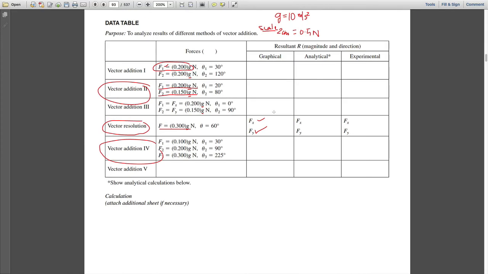Okay, what if you have 3 forces? Again, simple. 1 Newton at 30 degrees, 2 Newtons at 90 degrees, 3 Newton at 225 degrees. You add them all.